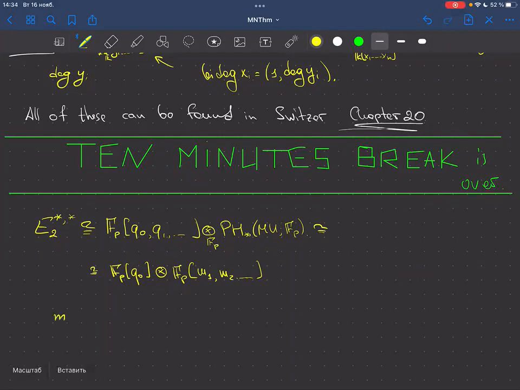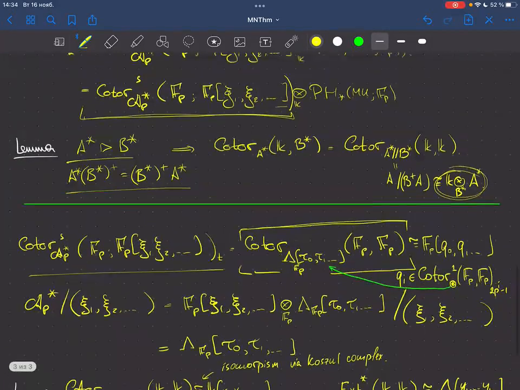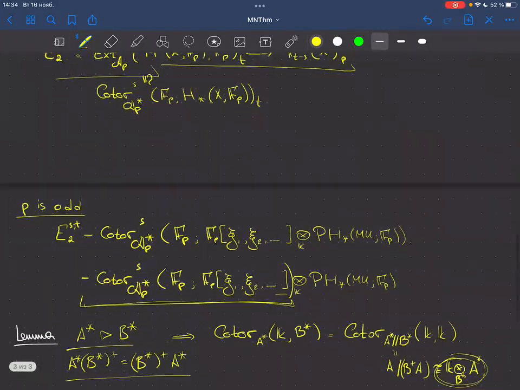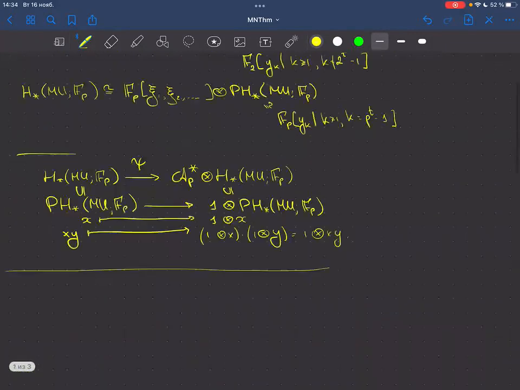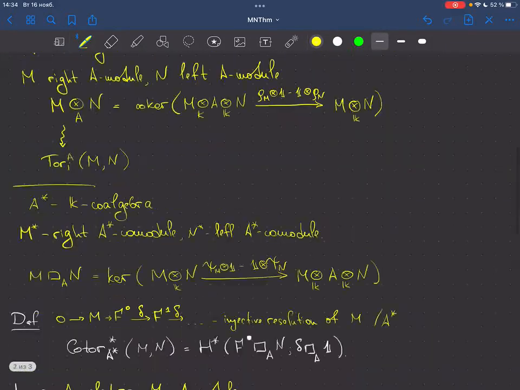Let me check what notation I had for primitive elements. Okay.